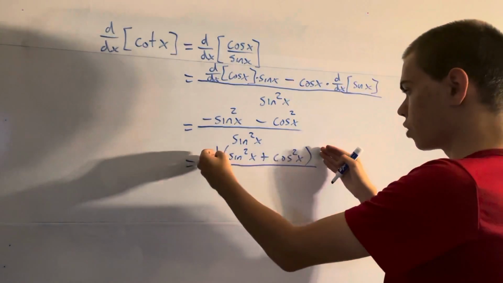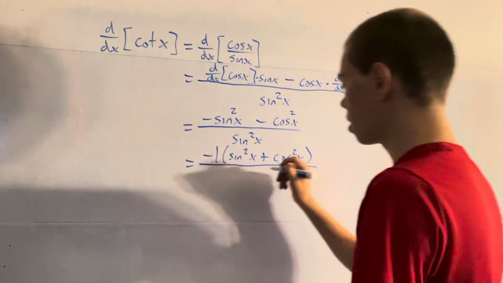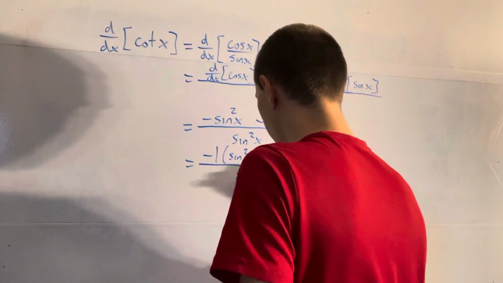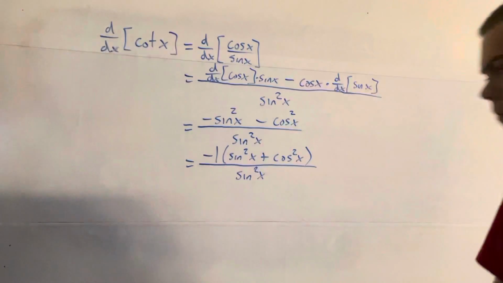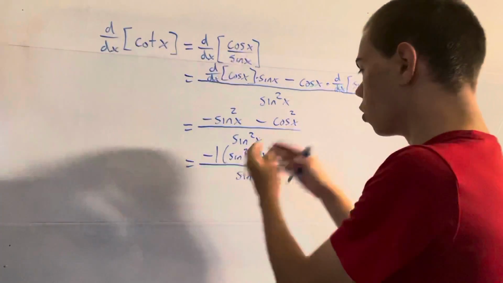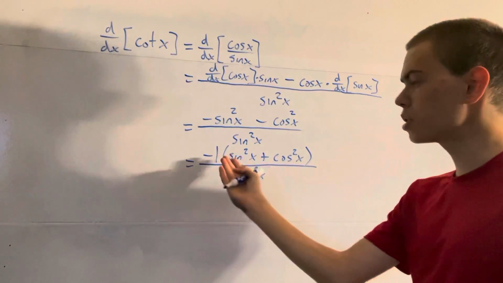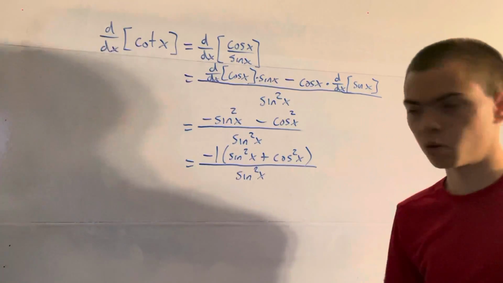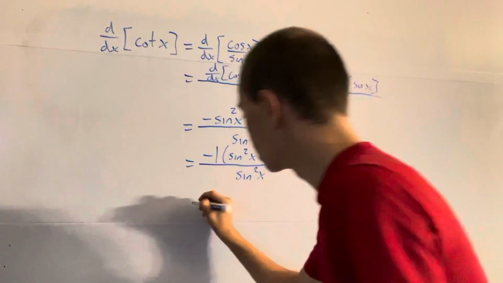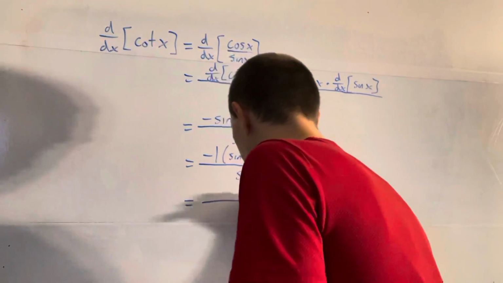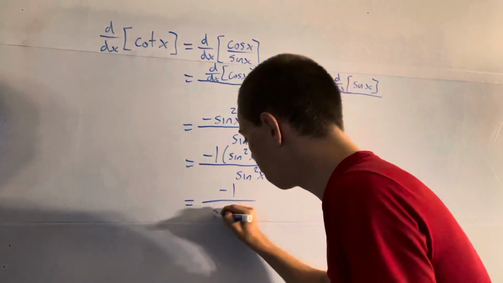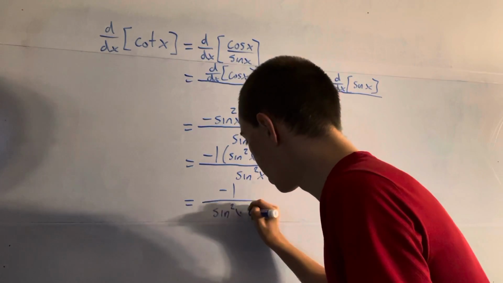And so this is what happens when I factor out -1 in the numerator, and this is still all divided by the sine squared of x. And so now we know that the sine squared of x plus the cosine squared of x is just 1. So this is really just -1 times 1, or just -1. And so that's what we get. We get that this is -1 over the sine squared of x.